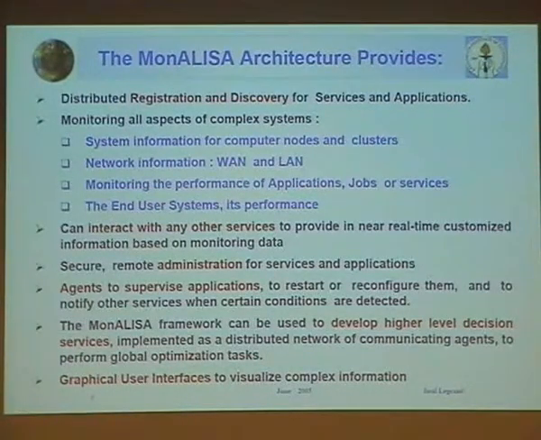It is a framework which practically allows to monitor or collect information from complex systems, describing computer nodes and clusters, network information, wide area network, local area network, and is able to monitor applications, jobs, or different other services, as well as a very important part in developing these complex systems, which is also to be able to monitor end-user systems, and in fact, these end-to-end performance measurements.